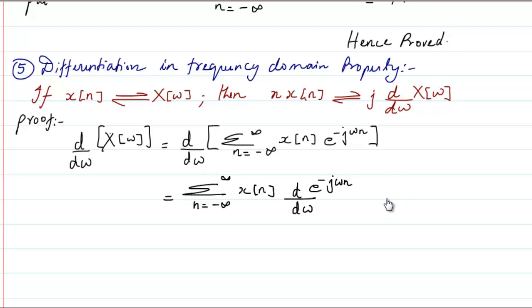which you can see is going to be minus j n into e raised to power minus j omega n.